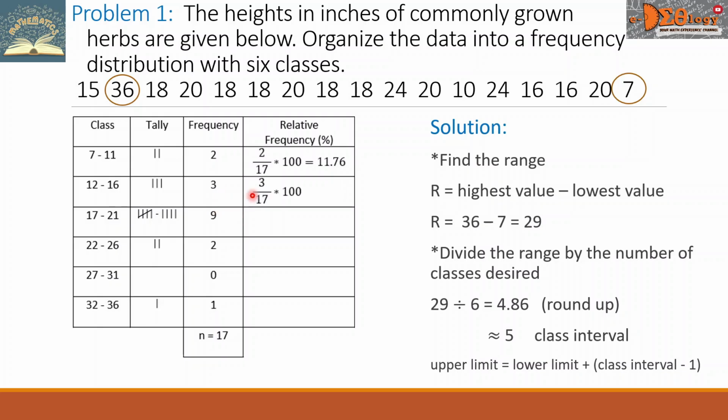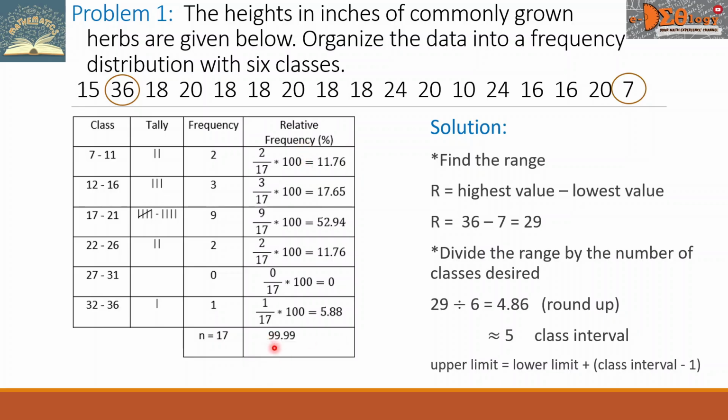Next, 3 over 17 times 100, that is 17.65%. Next, 9 over 17 times 100 equals 52.94. So on and so forth. If we get the total of this relative frequency, we will get 99.99. That is equivalent to 100.